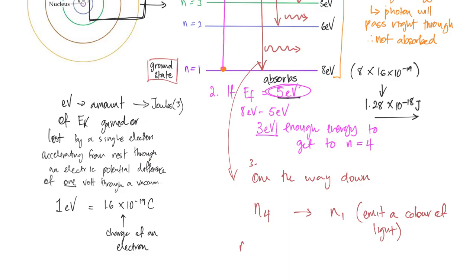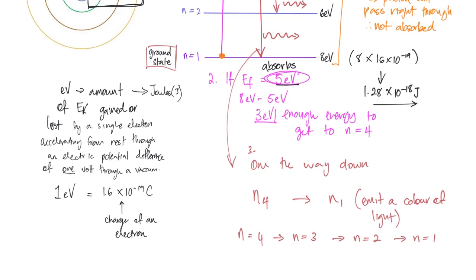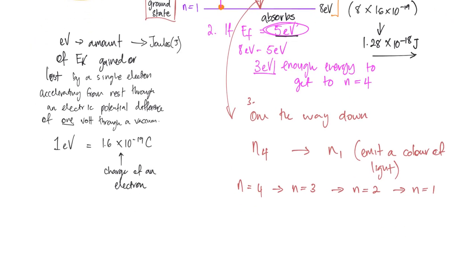Or it can go from N equal to 4 to N equal to 3 to N equal to 2 to N equal to 1. You can choose any one of these methods. From N4 to N3, you're going to get a specific color. From N3 to N2, you're going to get another color that's going to be emitted.